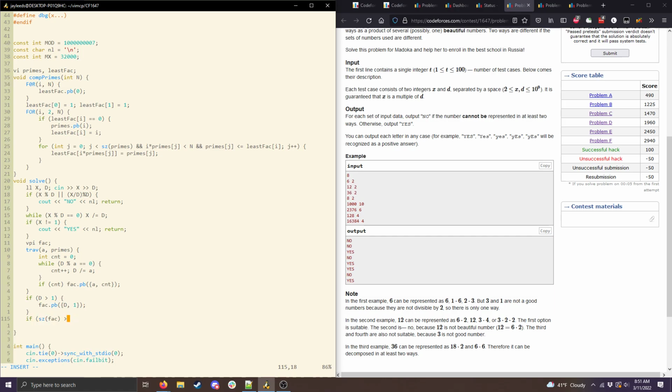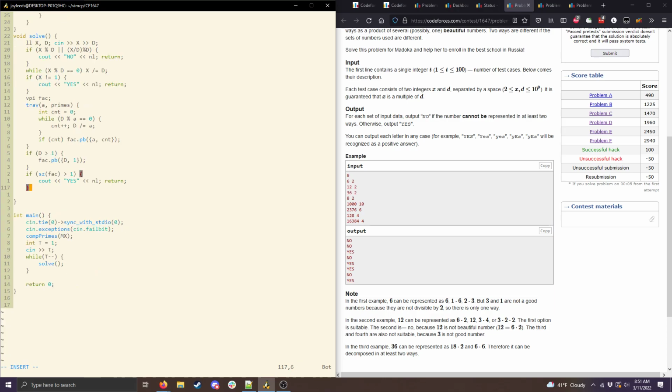Yes, if we got two primes, then the answer is definitely yes. And so then we just have the power of a prime case.